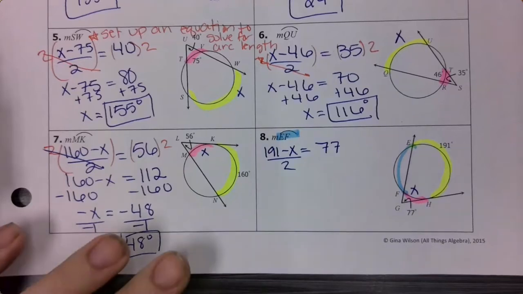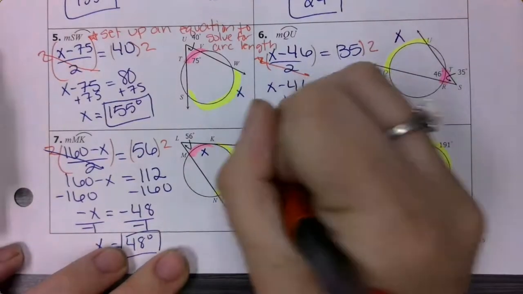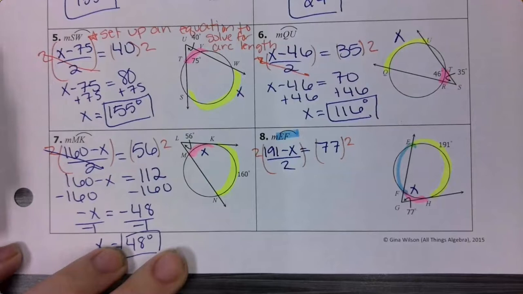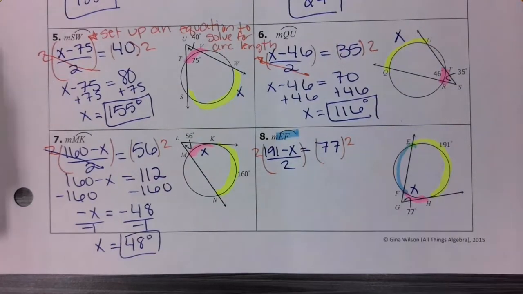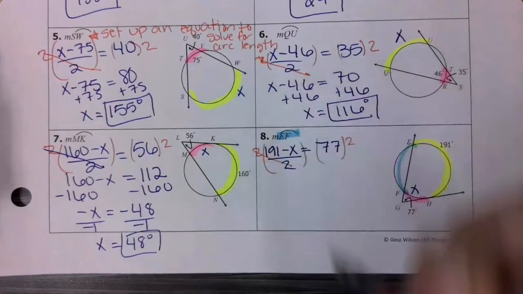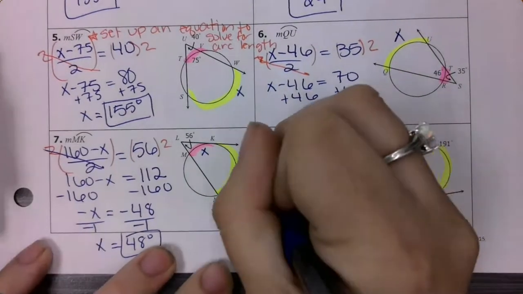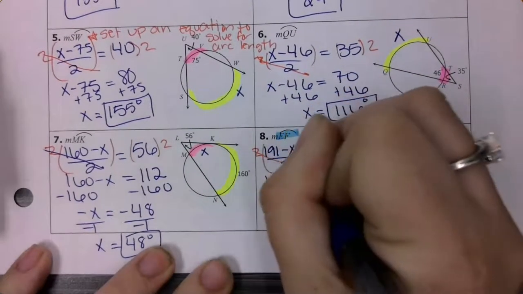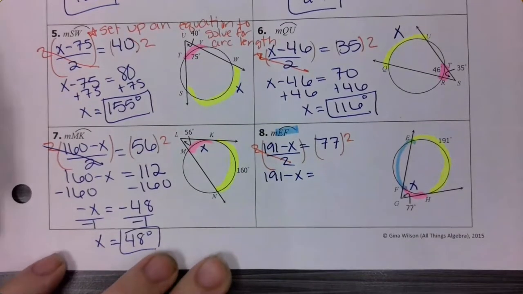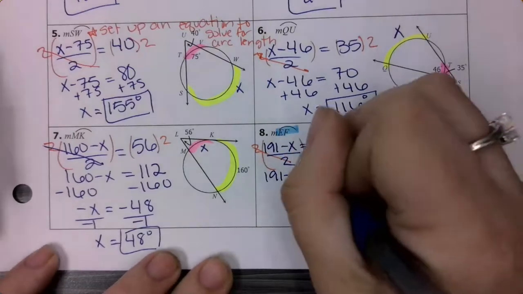So I want to go ahead and multiply both sides by 2. So on the left side, the 2's cancel out. And I get 191 minus x equals, what is 2 times 77? 154.